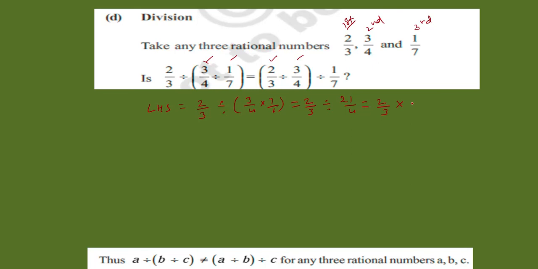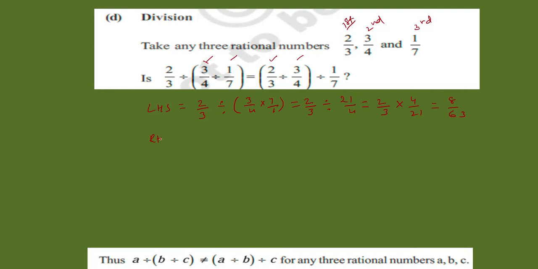The reciprocal of 21 by 4 is 4 by 21. 2 by 3 is the first one, 4 by 21 is the quotient of the second and third numbers. Now what we get? 2 4s are 8, 21 3s are 63.